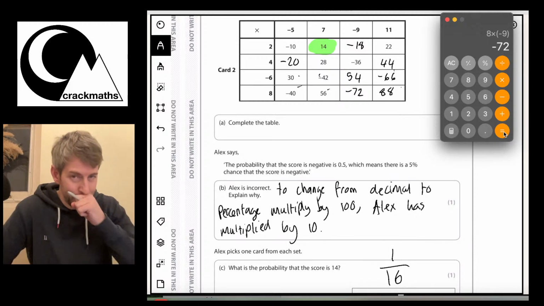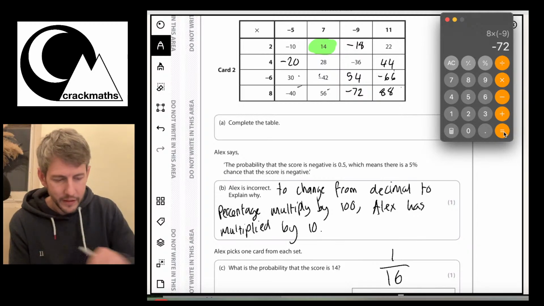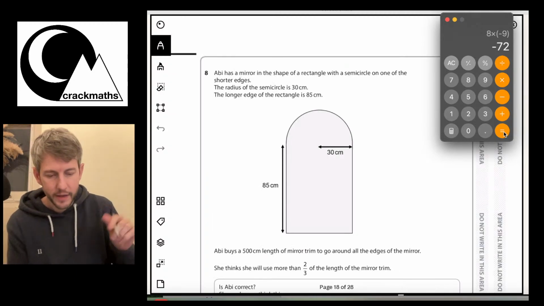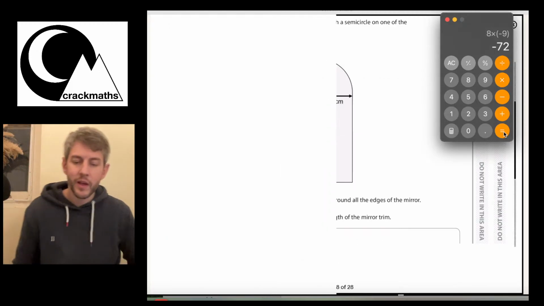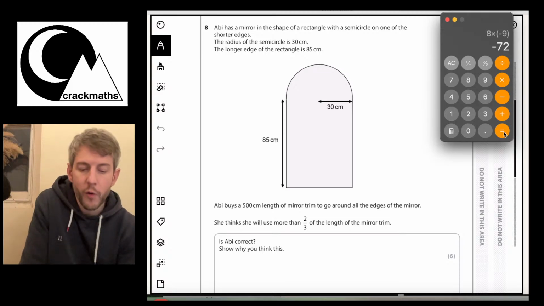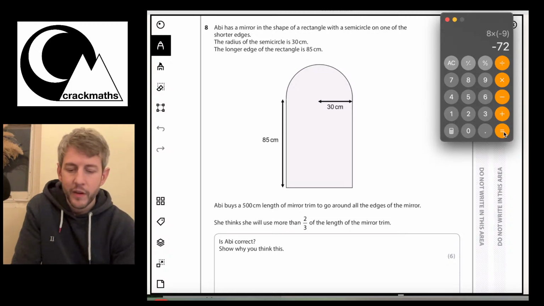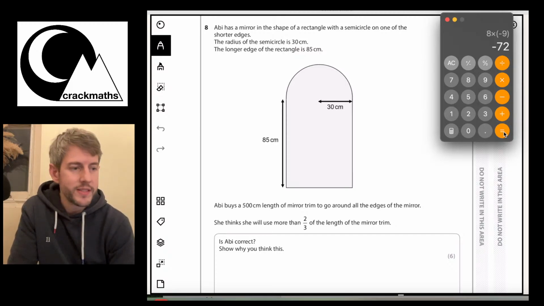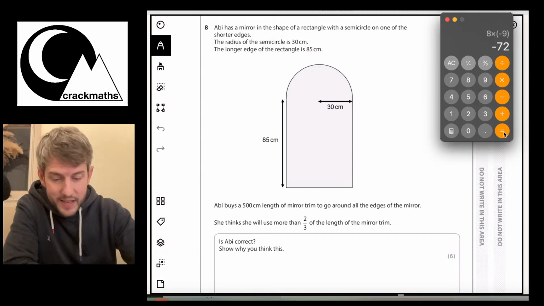Okay, right. Let's have a look at the next one. So here we go. Oh, we've got a shape. That's nice. Abby has a mirror in the shape of a rectangle with a semicircle on one of the shorter edges. The radius of the semicircle is 30 centimetres.